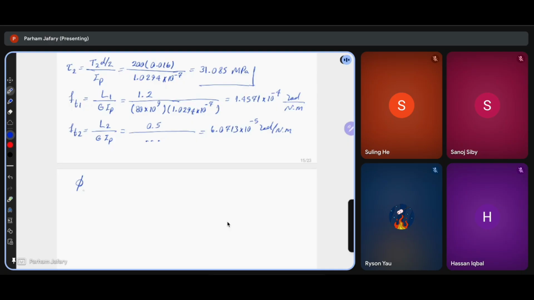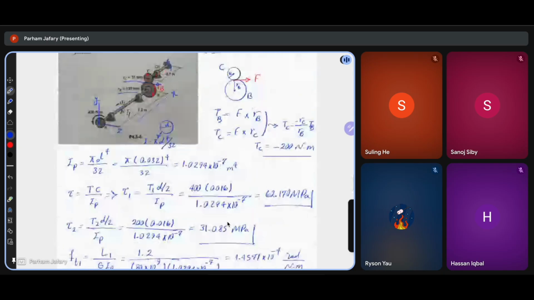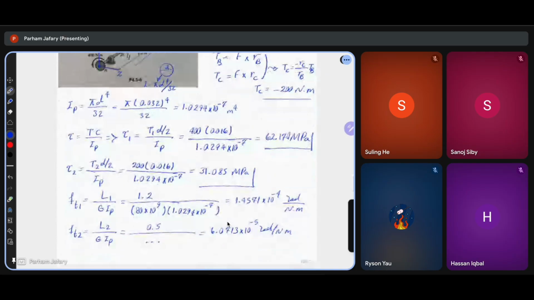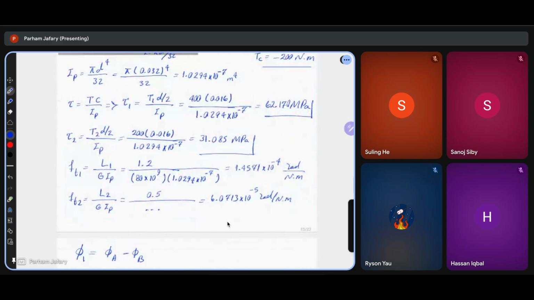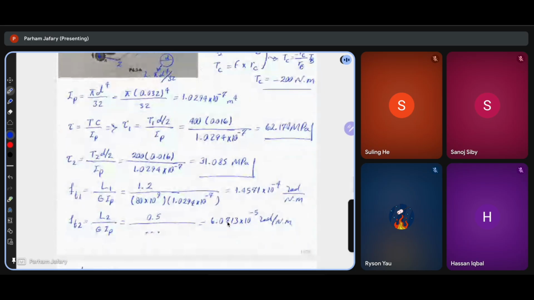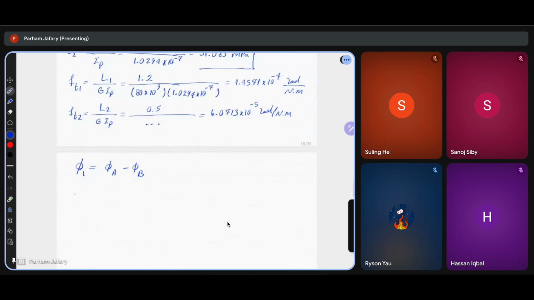Okay, so the rotational deformation of shaft 1 is the deformation at point A minus the deformation at point B. So point A is one side of shaft 1 and point B is the other side. Okay? And the same thing goes on for shaft 2.